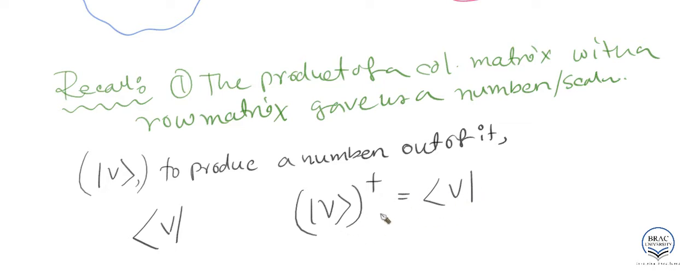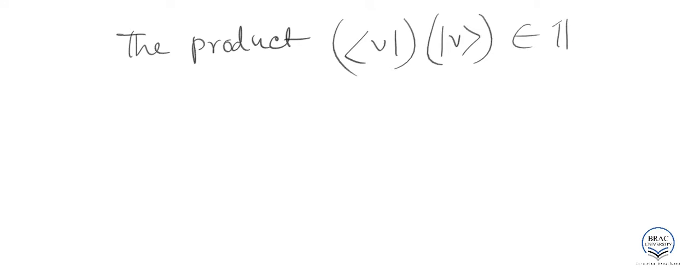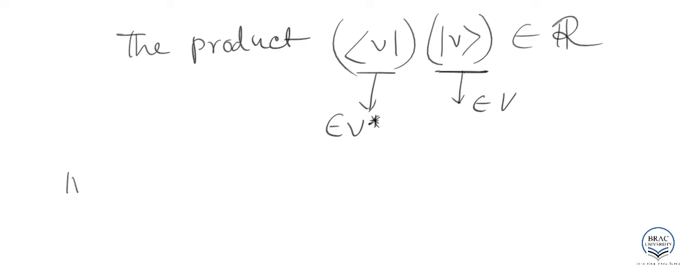And in general, the product, that is the product written like this, let's say you want to multiply these two vectors. This will belong to the real number field. And here the terminology is this: if this element belongs to the vector space, this element will belong to the dual space. Now let's think of these v's as column matrices, let's say 1 0.